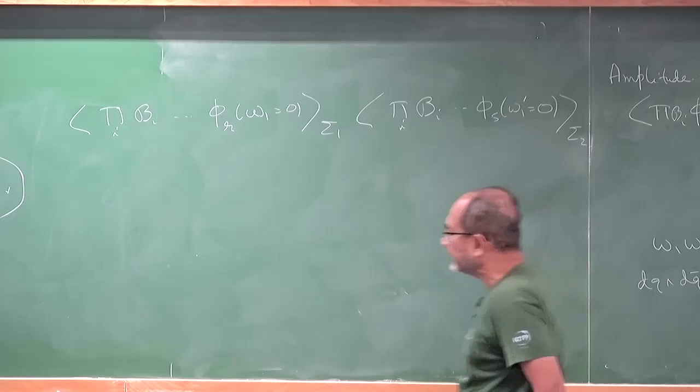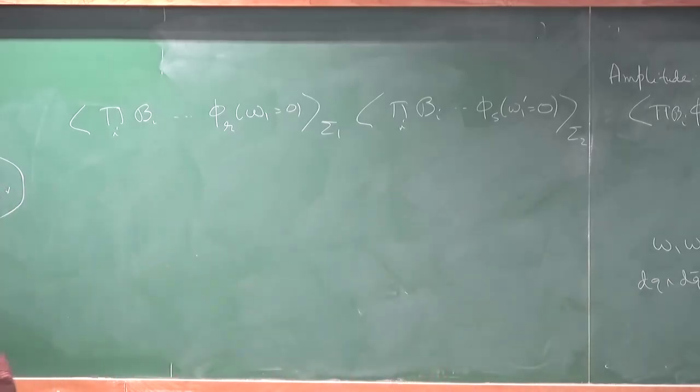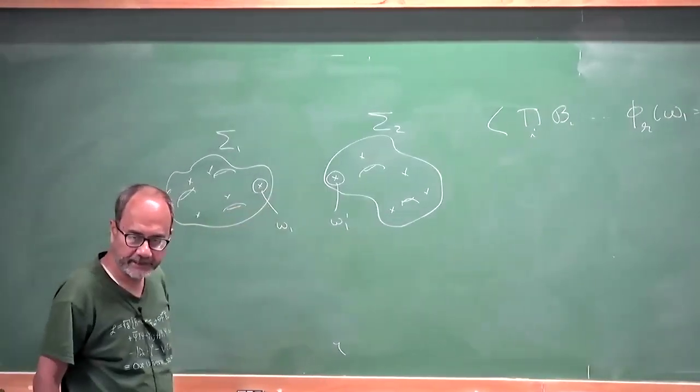You can make it act on this cycle, because you can imagine that w1 and w1 prime can be glued on this cycle, or w1 equal to mod q to the half. It doesn't really matter where you put it.